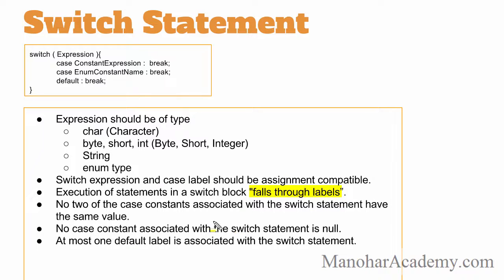Also we have seen that the case labels or the constants should be assignment compatible with the switch expression. So this expression should be assignment compatible with the constants. Also we have seen there can't be duplicate constants for the case labels. Also there cannot be more than one default label.